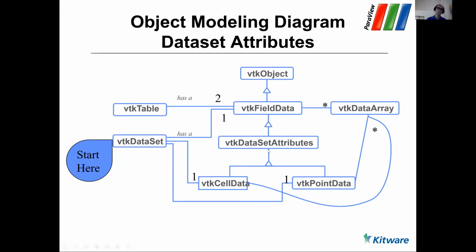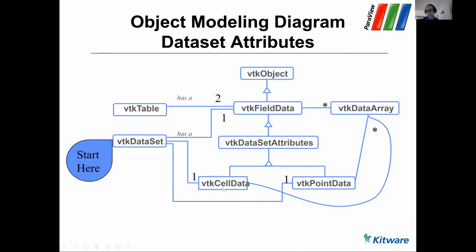And then this is the object hierarchy. So a field data has any number of arrays, and then from that we derive the data set attributes. These are more constrained. They have a set number of values. And from this, we derive cell data and point data.